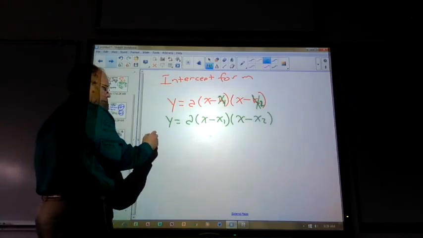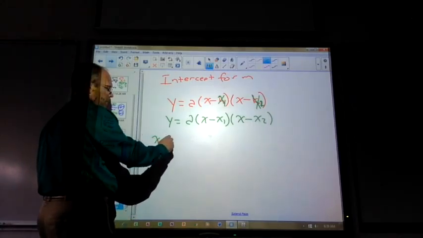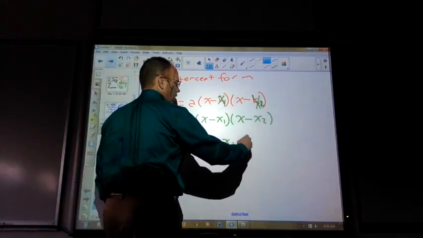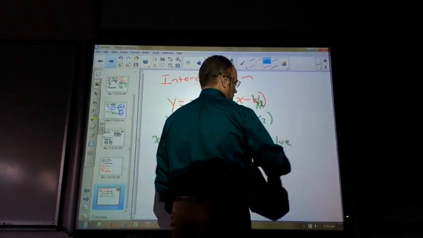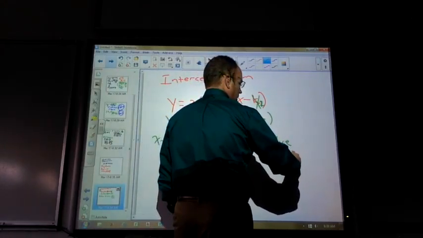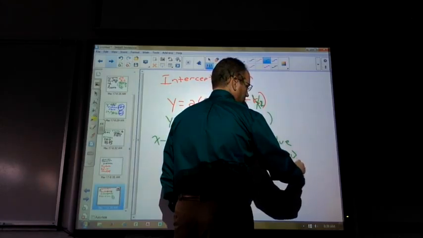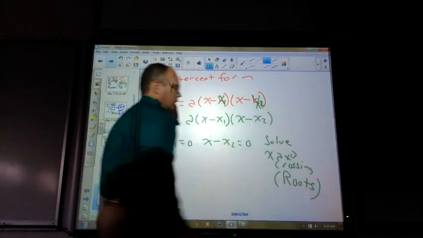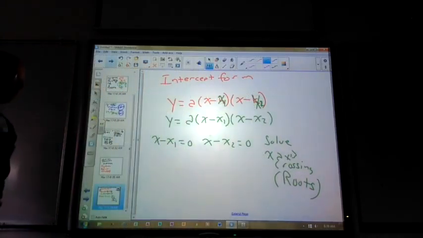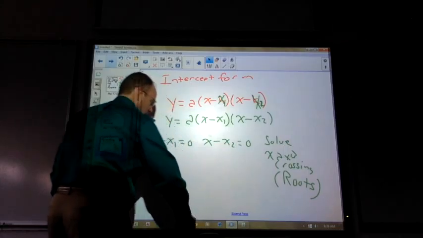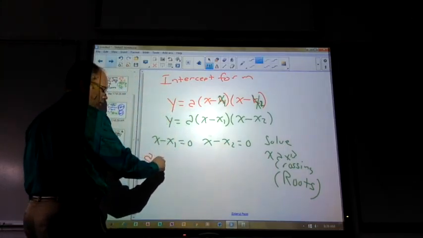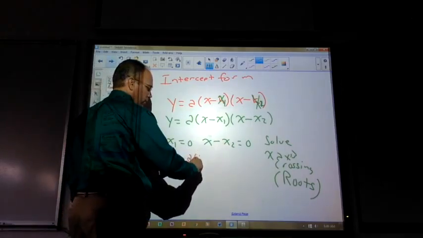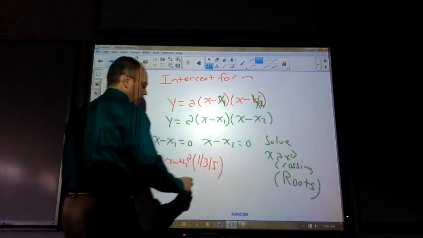When you see this, it allows you to go x minus x1 equals 0, x minus x2 equals 0, and solve, and this tells you where it crosses the x-axis, which can be referred to as roots. Okay? a is your growth. So you have your a times 1, 3, 5 still. So that's still the same.